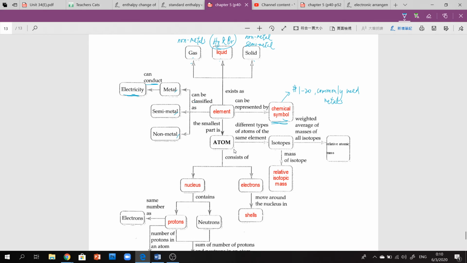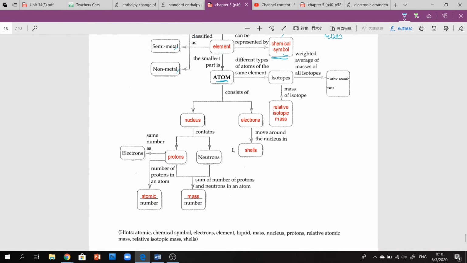The smallest part of an element we call an atom. An atom has two main parts. We have got 99% empty space, where we may find the electrons. They are moving around the nucleus in terms of shells, 2n squared, do you still remember?